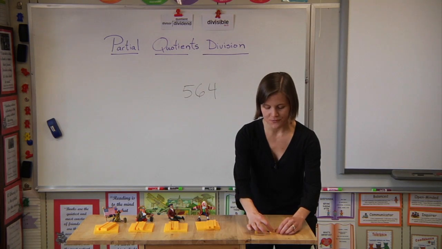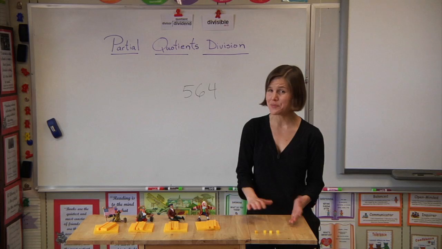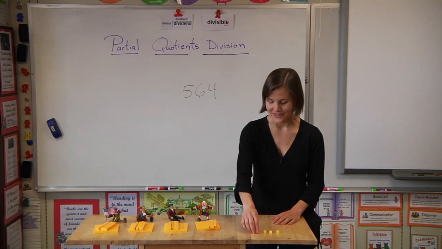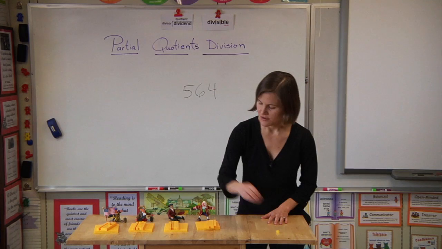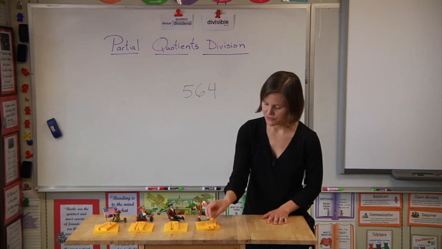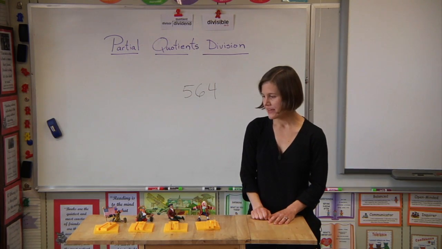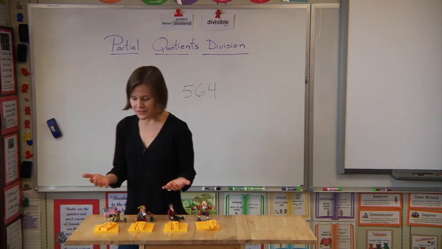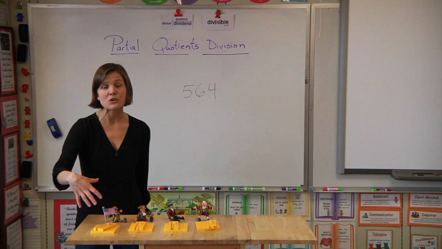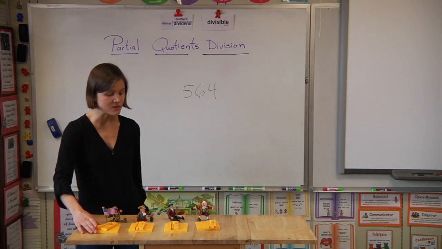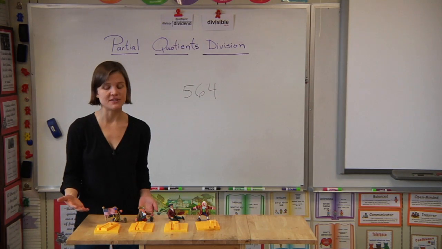Finally, I've got these 4 individual pieces. This part is pretty easy to figure out. 1 for you, 1 for you, 1 for you, 1 for Ben. The process of division is all about figuring out, can we divide it into equal groups? And then figuring out, once we've done that, how much does each person have?